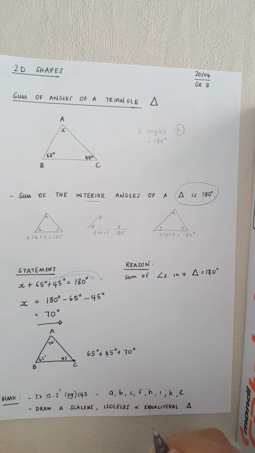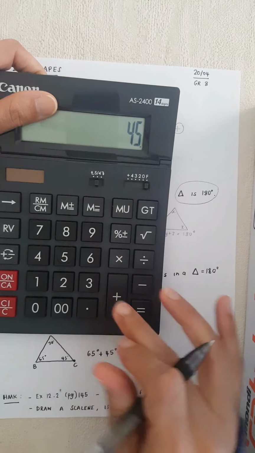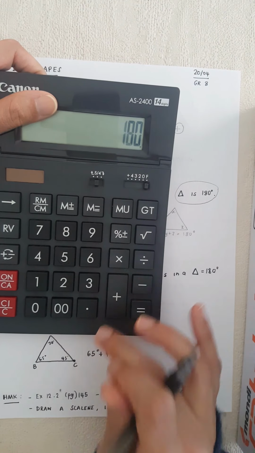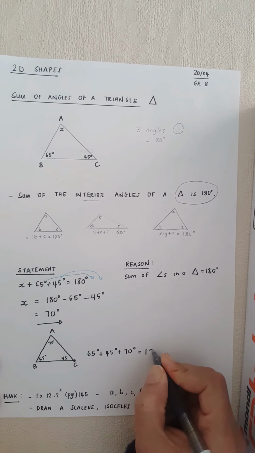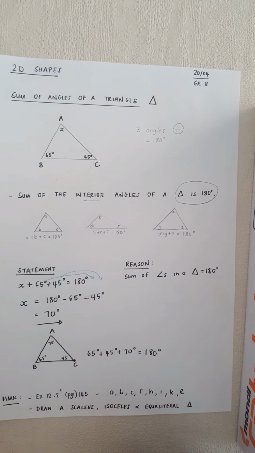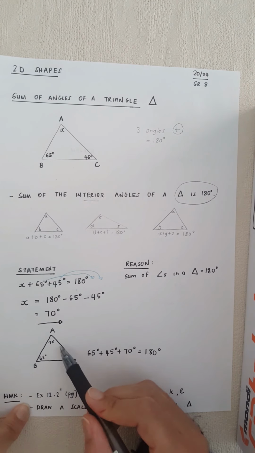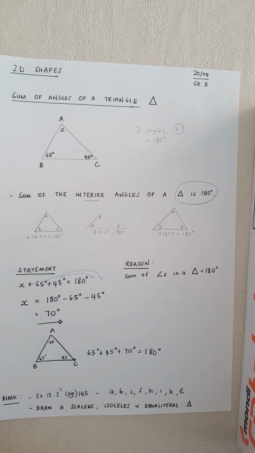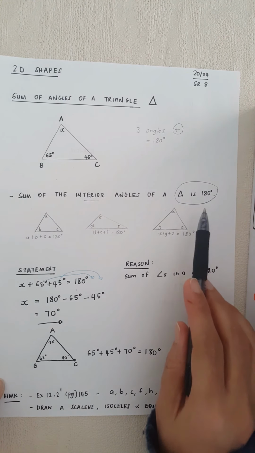What do I get? Can you see? They are equal to 180 degrees, which means that I have done my question properly. I've solved for my x. So if you measure the angles in any triangle, what's going to happen? They're going to be equal to 180 degrees.